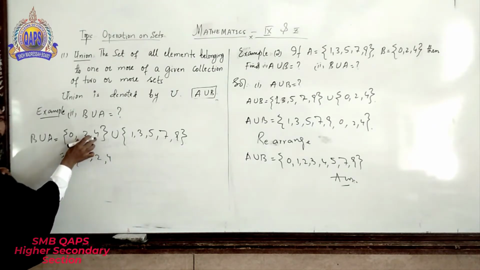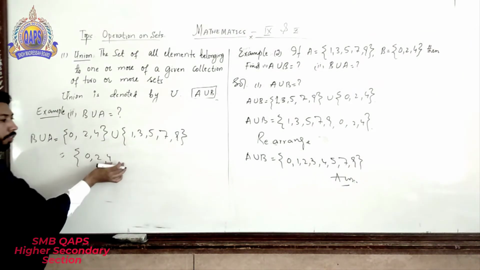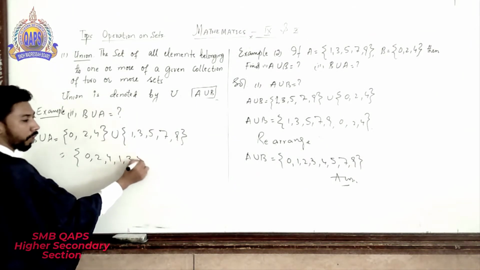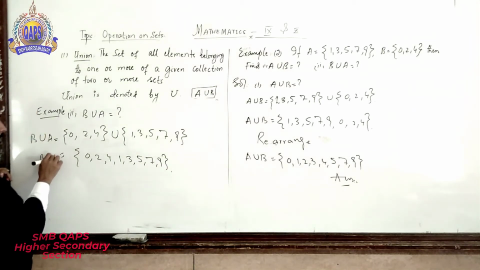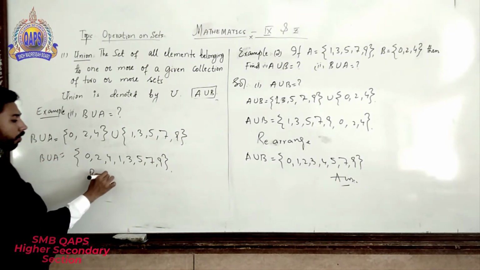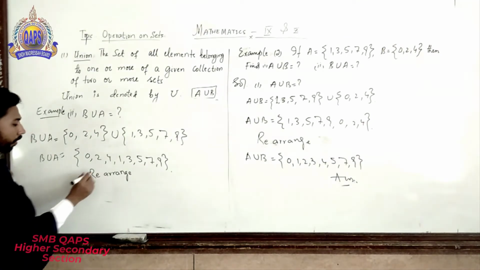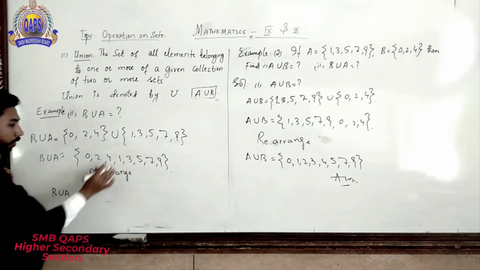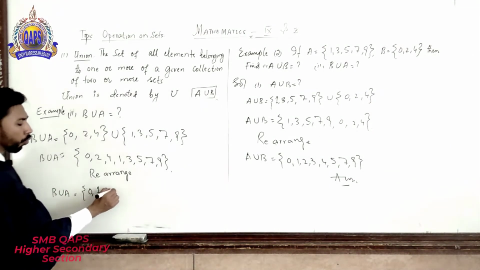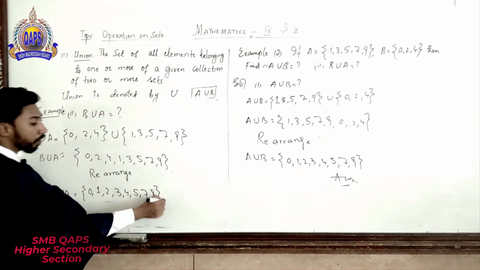First we write all the elements of set B and then set A: 1, 3, 5, 7, 9, and then rearrange the elements. The first one is 0, then 1, 2, 3, 4, 5, 7, 9.